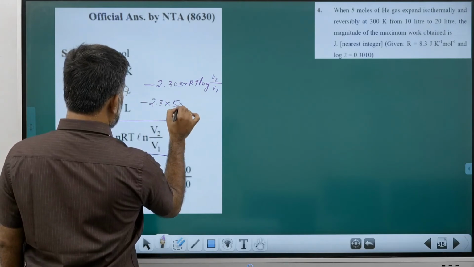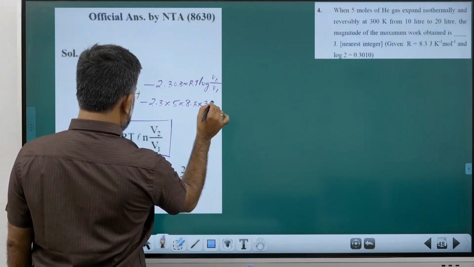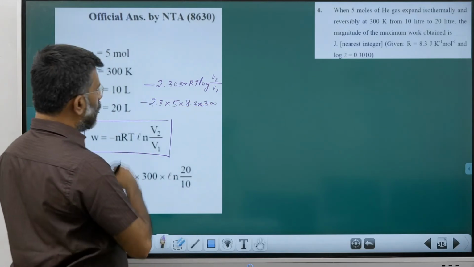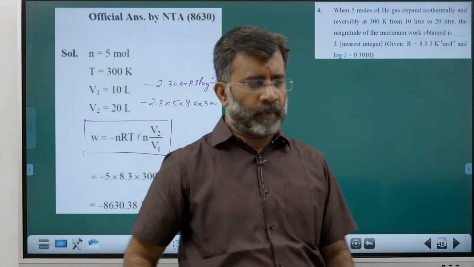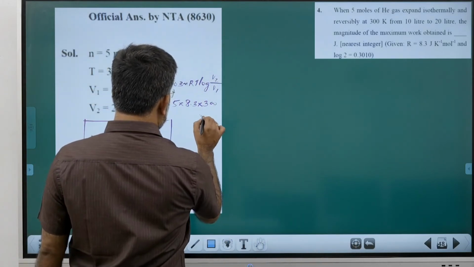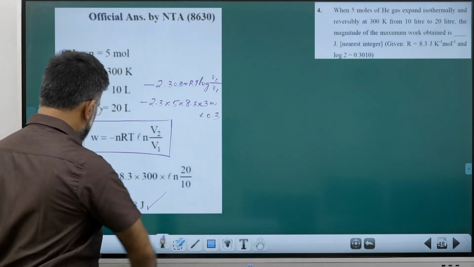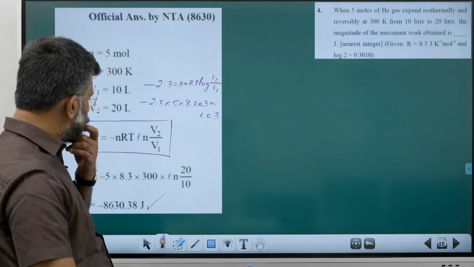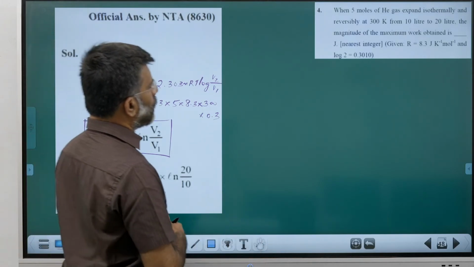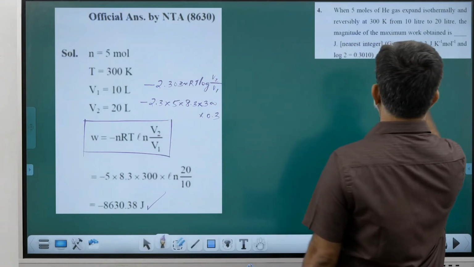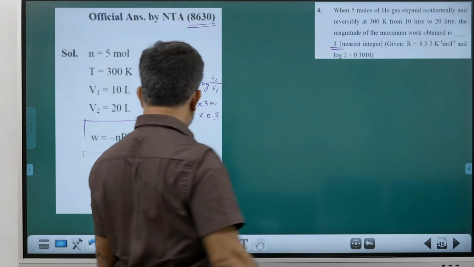So it will be minus 2.303, n equal to 5, R is equal to 8.314, temperature 300, log 20 by 10. Log 20 by 10, you will get log 2, that is 0.3, which will take you to the answer minus 8630 joules. The answer required is in joules, so it is 8630 joules.